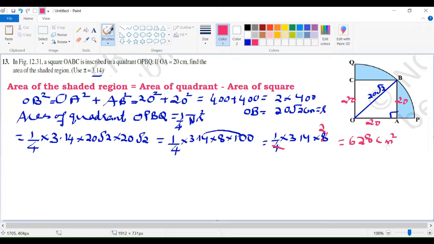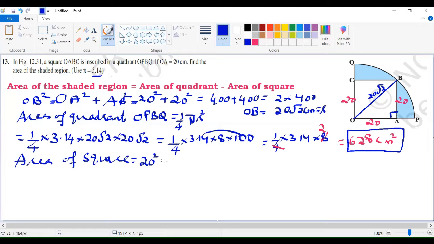Next, this is the area of quadrant. Next, we need to find area of square. That is 20 square, because side is 20, which is equal to 400 centimeter square.